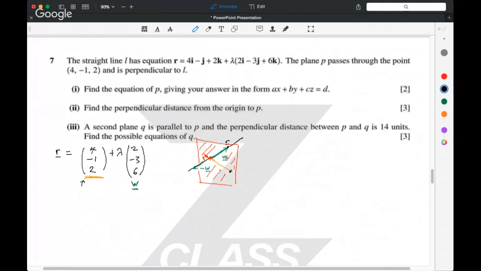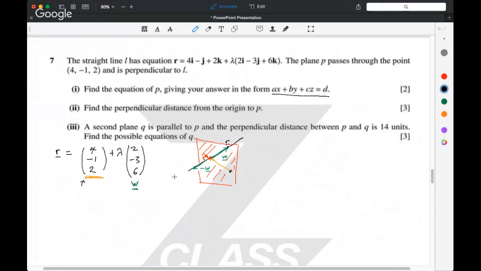Something that's normal is at right angles, is perpendicular. So W is normal, and we know that if we have an equation of the plane in this form, then A, B, and C define a normal vector to the plane.